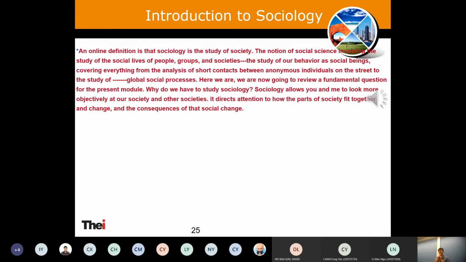Okay, when we talk about sociology, an online definition is that sociology is the study of society. The notion of social science involves the study of our daily practice of people, groups, and societies. This is about the study of our behaviors as social beings, covering everything from the analysis of social context.